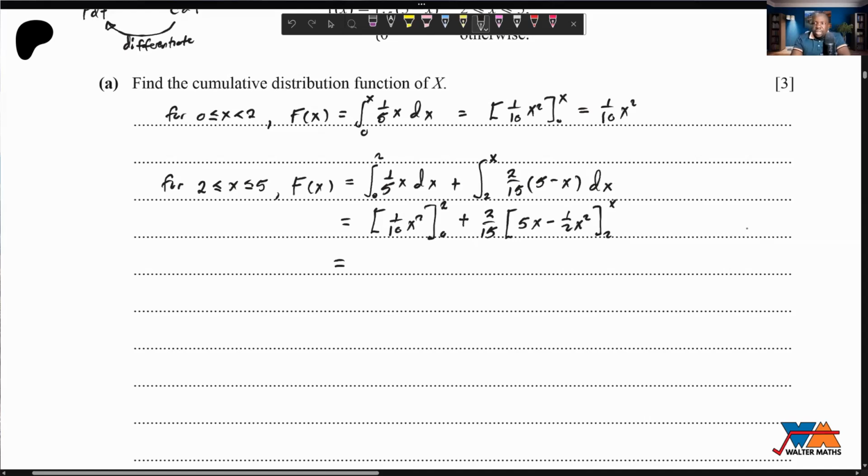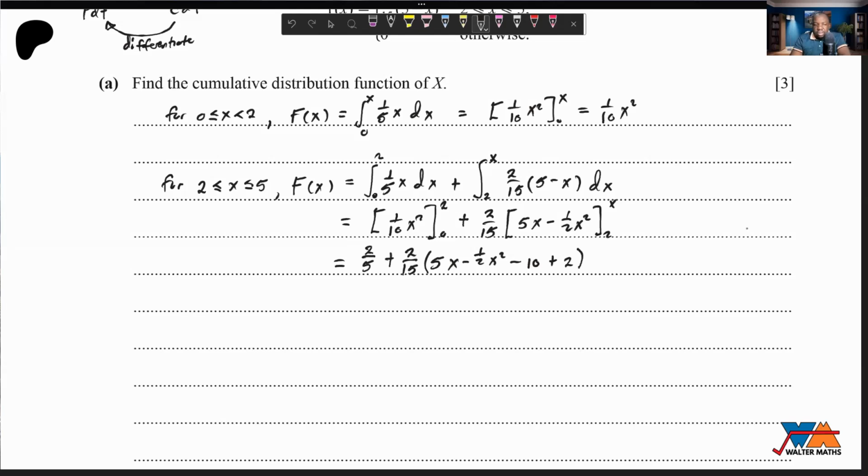All right, so substituting 2 into this, 2 squared, that's going to be 4/10, which is 2/5, plus 2/15 of 5x minus half x squared. And that's going to be minus, now substituting 2, minus 10 plus 2.